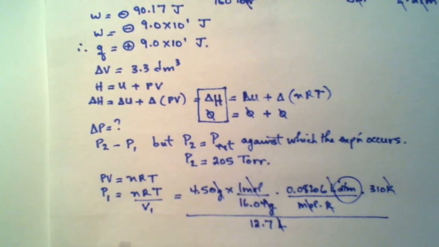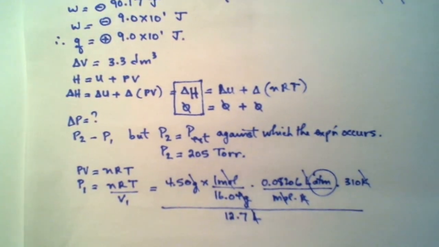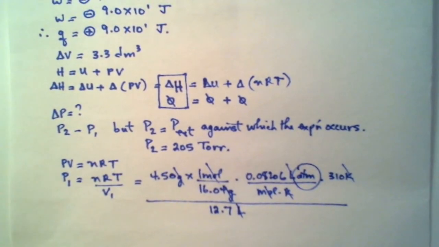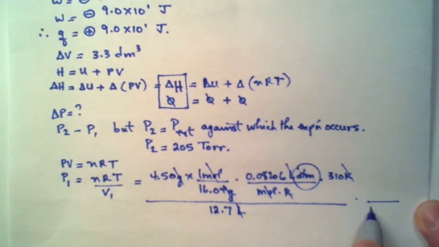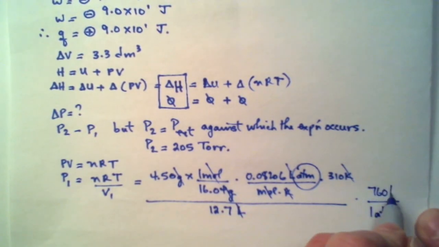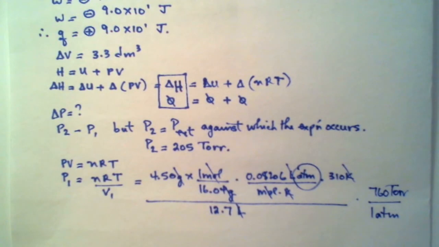That's fine, I can change that one to atmosphere as well. Or how about this? Because that's in Torr, why don't I change this one to Torr? 1 atmosphere on the bottom, 760 Torr on top, because it didn't ask for a specific unit value of delta V or delta P, so I'll just keep mine in Torr.